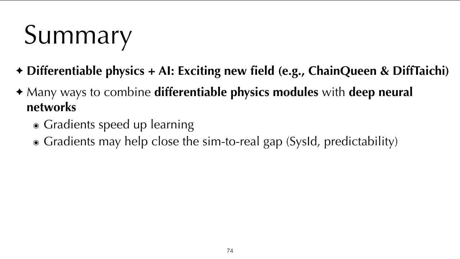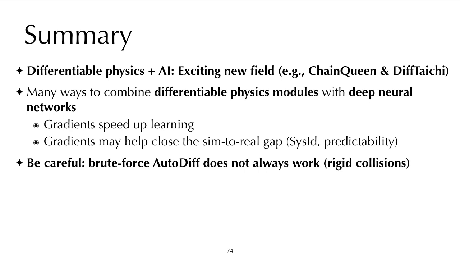You can use differentiable physical modules to help close the sim-to-real gap because you can do system identification. You can improve the predictability by doing hybrid simulators where you have both physical modules for the physical part and deep neural networks for the data-driven parts. You can combine those two together. But be careful, sometimes brute force auto-diff does not give you the correct gradient. Consider the rigid collision part we showed just now.